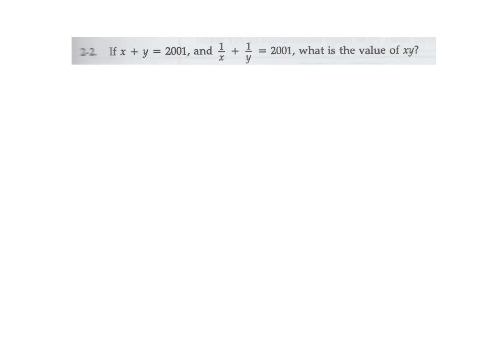If x plus y is 2001, and 1 over x plus 1 over y is 2001, what is the value of xy? X plus y is 2001, and then they give me that 1 over x plus 1 over y is also 2001. Okay, well, let's add this fraction, get a common denominator, top and bottom.